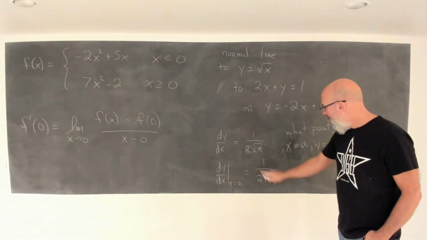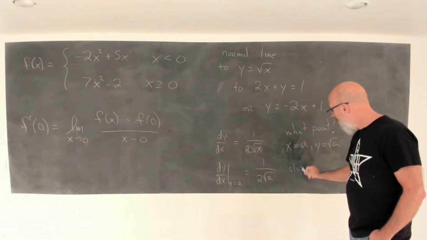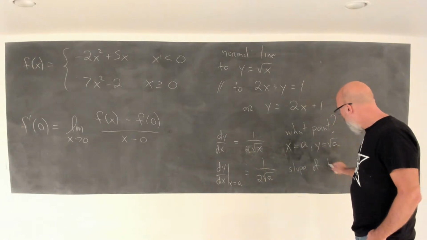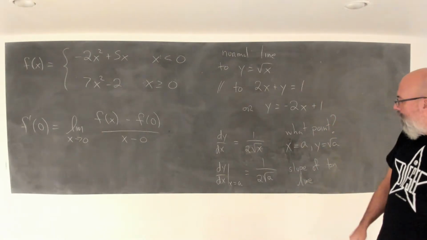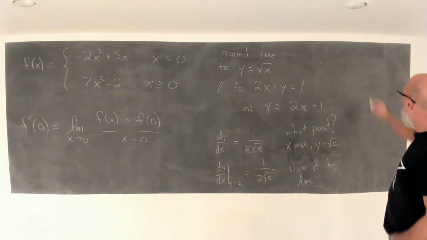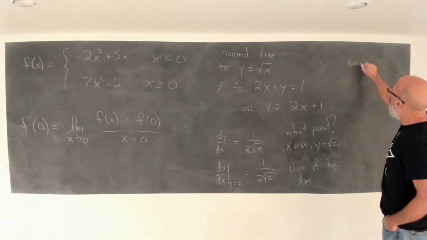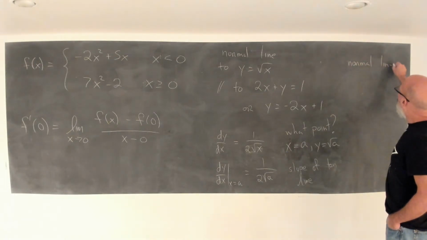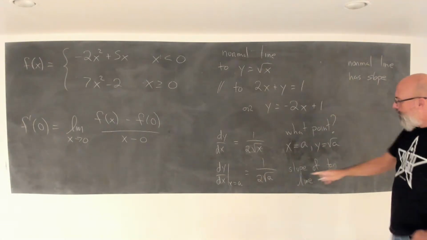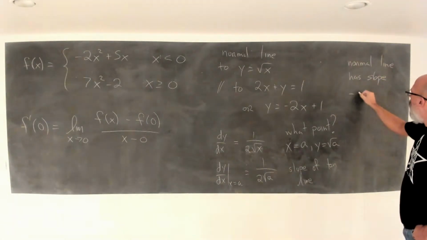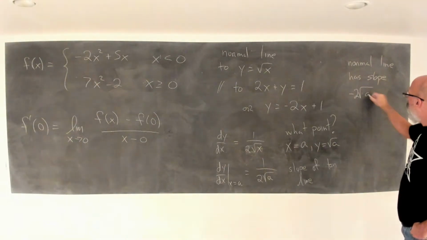So this is the slope of the tangent line. If this is the slope of the tangent line, the normal line has slope which is the negative reciprocal of this. So negative 2 root a.